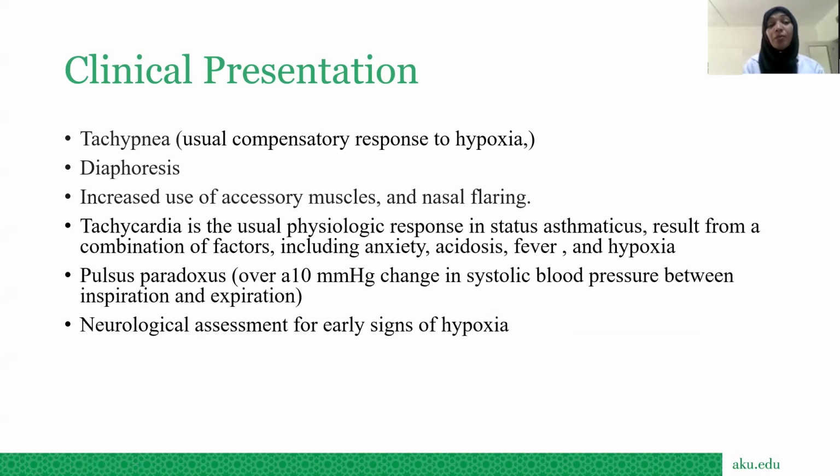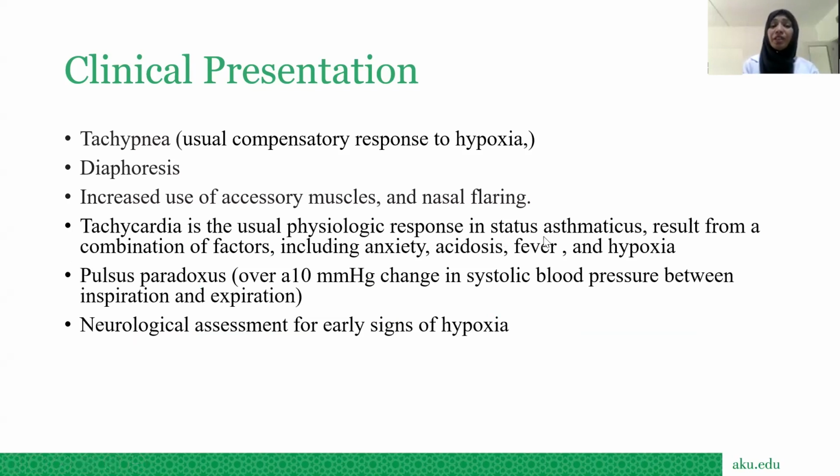On examination, the patient could be tachypneic. He will have diaphoresis, increased use of accessory muscles, and nasal flaring. Tachycardia is really important. This is a usual physiological response in status asthmaticus, and it can result from a number of factors, such as anxiety, acidosis, fever, and hypoxia.